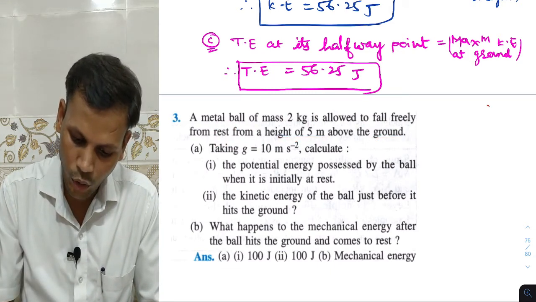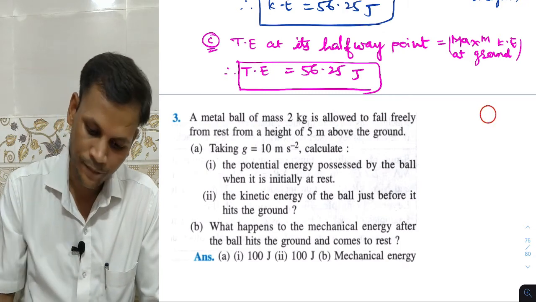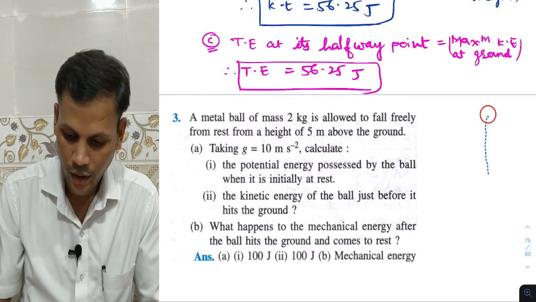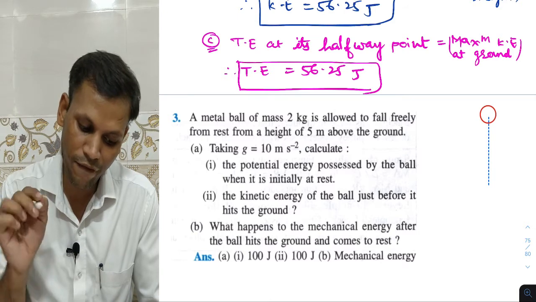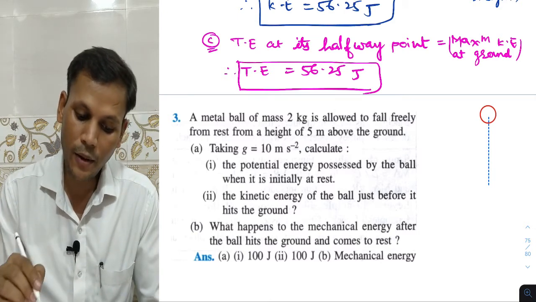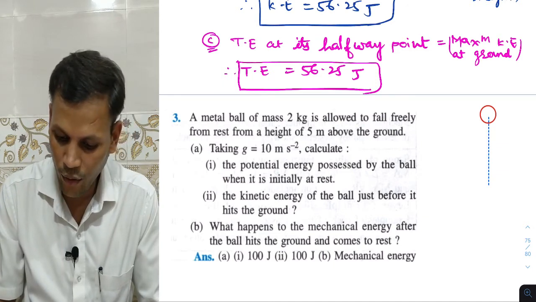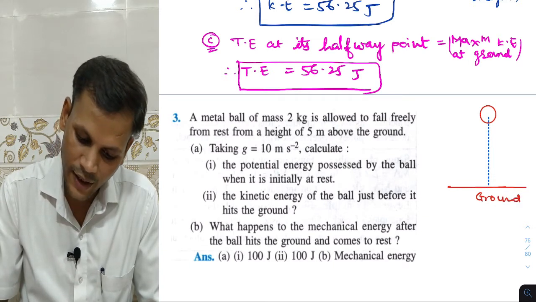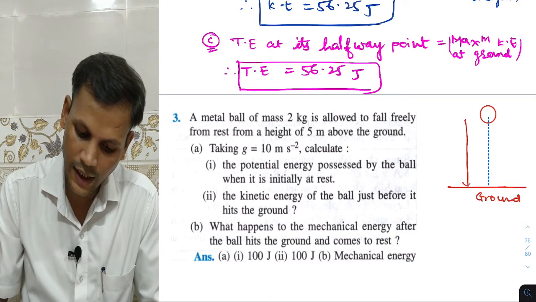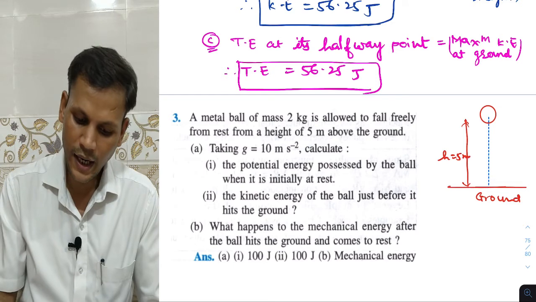Any ball is there, metal ball, it is falling down, allowed to fall freely from rest from a height of 5 meter above the ground. Okay, so this is the ground, and height h is 5 meter, it is given to us.